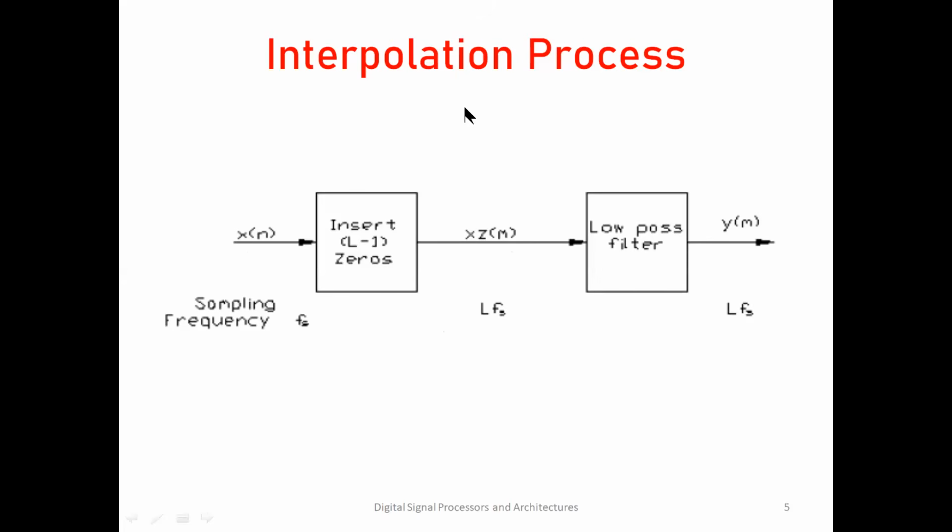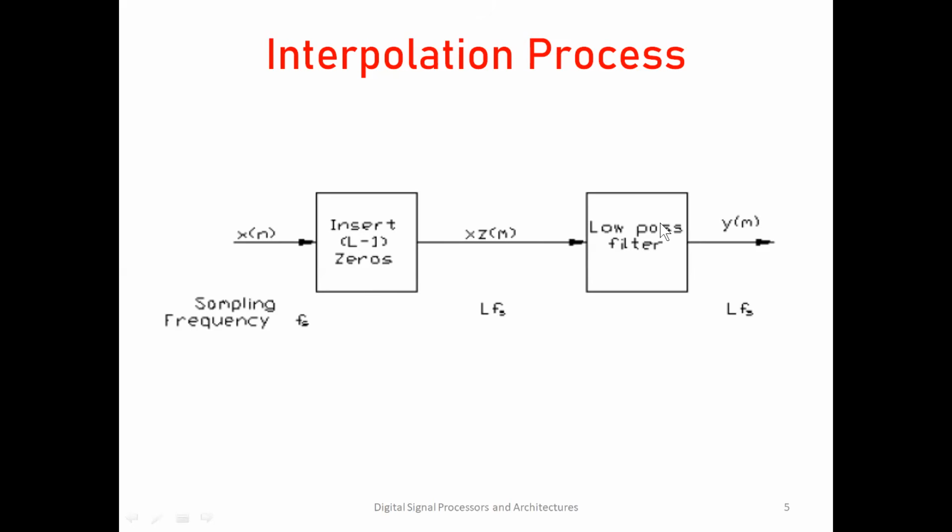In the representation of the interpolation process, for the given sequence X of N, L minus 1 zeros are inserted, and then this is applied to a low pass filter with filter coefficients BK.